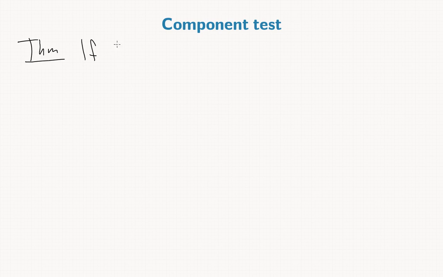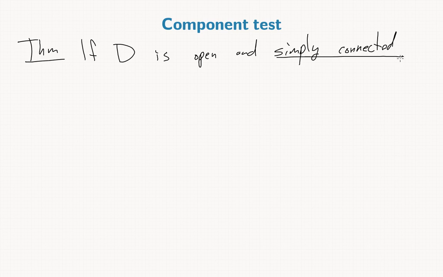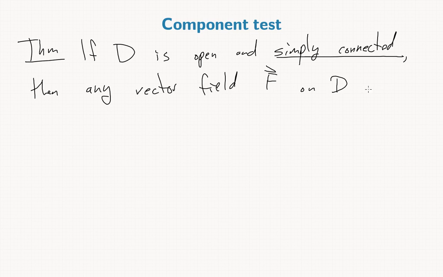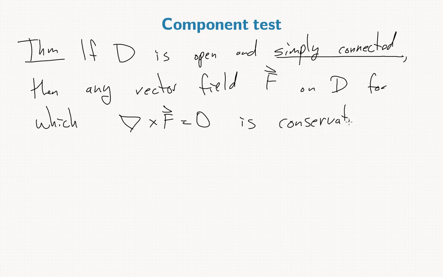Theorem: if D is open and simply connected, then any vector field F on D for which the curl is 0 is conservative.